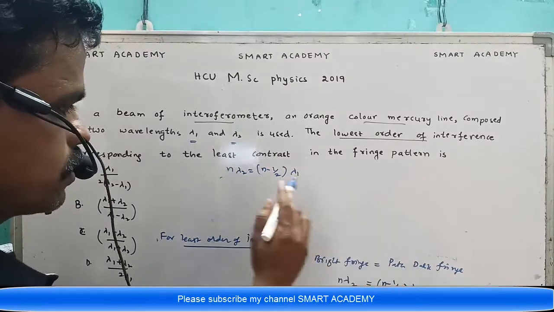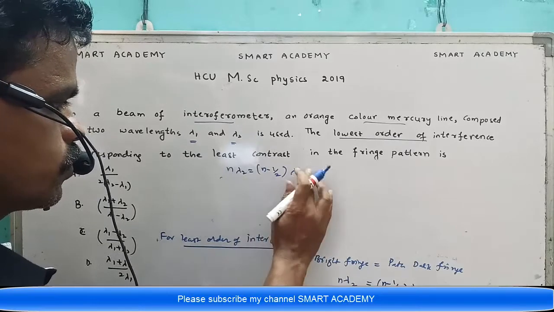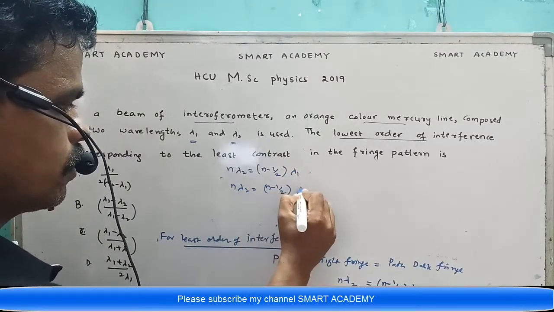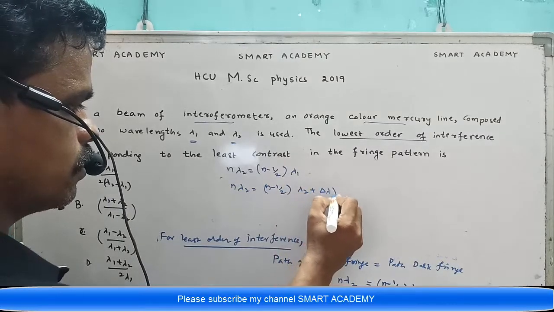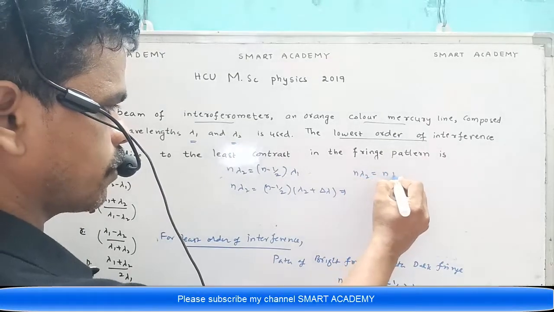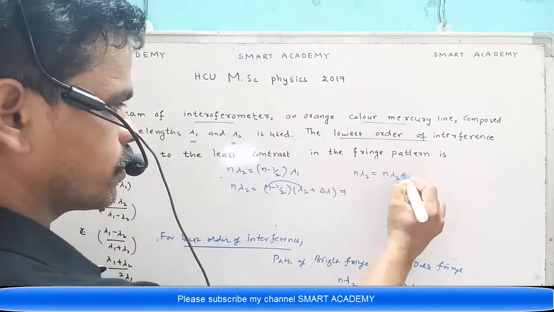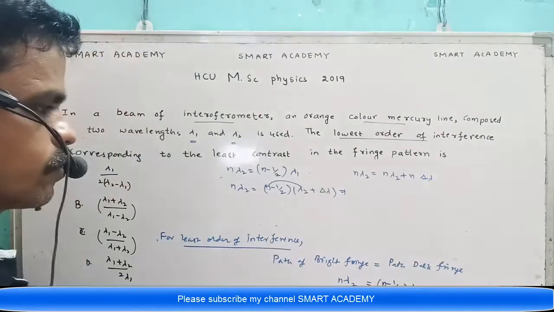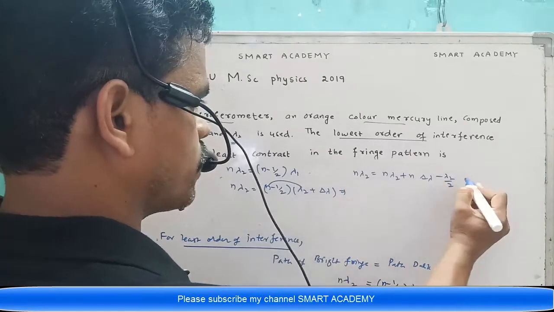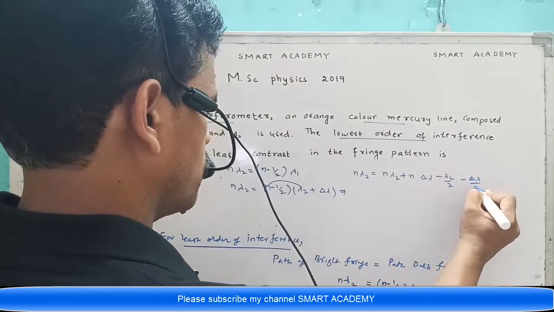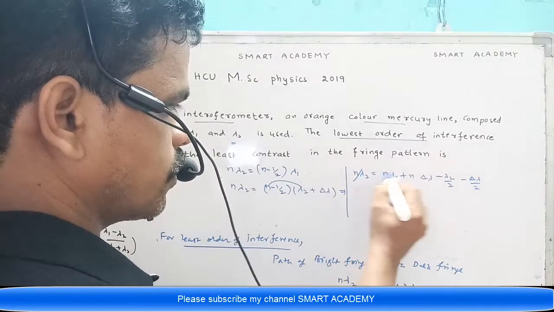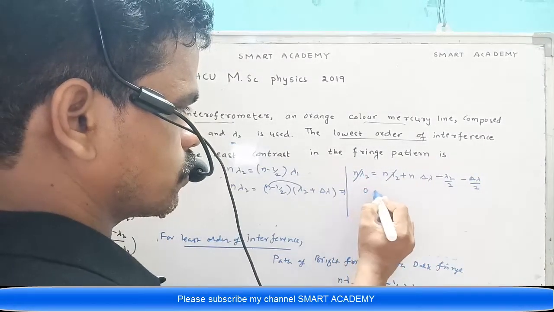So we have one relation: n lambda 2 equals n minus half of lambda 2 plus delta lambda. Write n lambda 2 equal to n lambda 2 plus n delta lambda minus lambda 2 by 2 minus delta lambda by 2. See here, n lambda 2 gets cancelled. This is equal to 0.